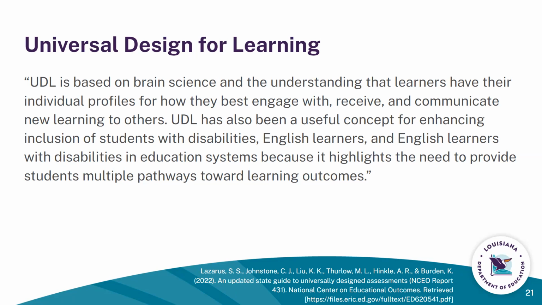UDL has also been a useful concept for enhancing inclusion of students with disabilities, English learners, and English learners with disabilities in education systems because it highlights the need to provide students multiple pathways toward learning outcomes.